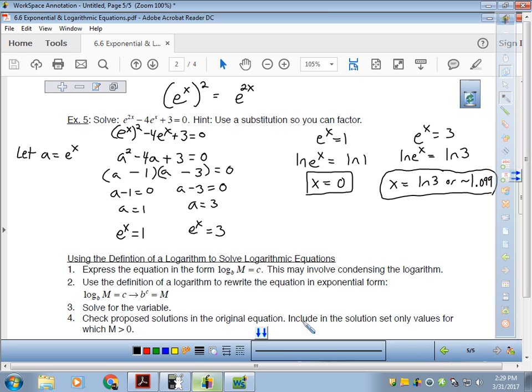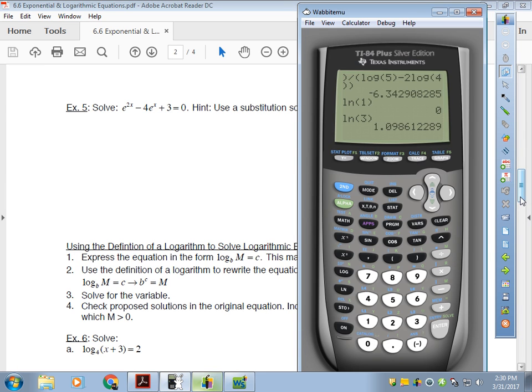And then step 4, and this is really important, because you are dealing with logarithms, you have to check your answers in the original equation. Remember that the inside of a logarithm has to be positive, and so you have to check your answers and make sure that they give a positive inside the logarithm when you plug them in. All right, so let's look at some examples of this.